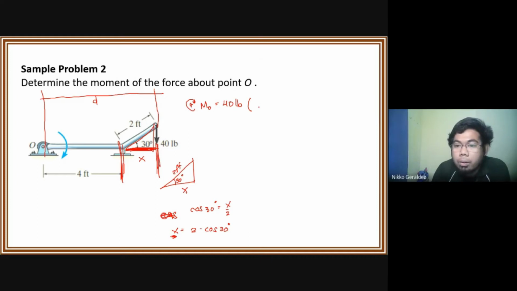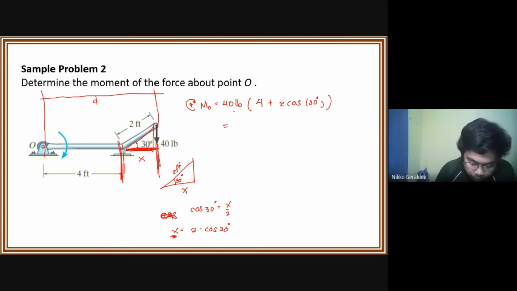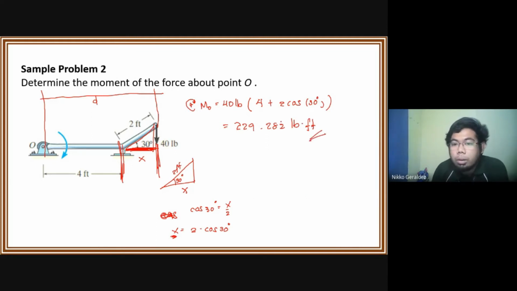That is 40 pounds times 4 plus 2 cosine 30 degrees. Multiply mo. Ano sagot? 229.282 pound feet. So, that is the moment at point O.